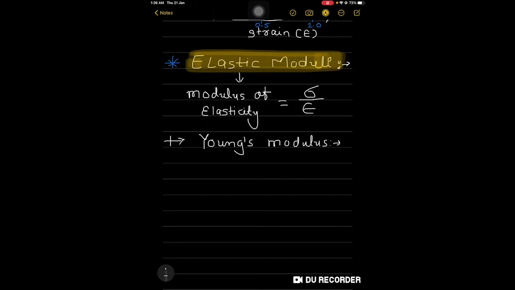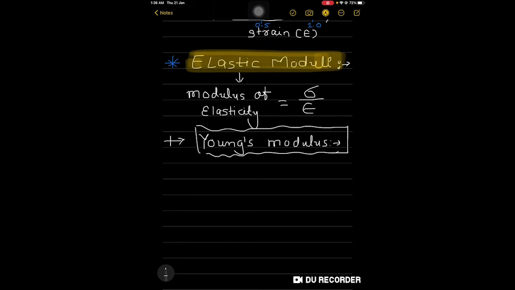So we will see what this Young's modulus is and how it is defined for different types of materials. The experimental observation shows that for a given material, the magnitude of the strain produced is the same whether the stress is tensile or compressive.